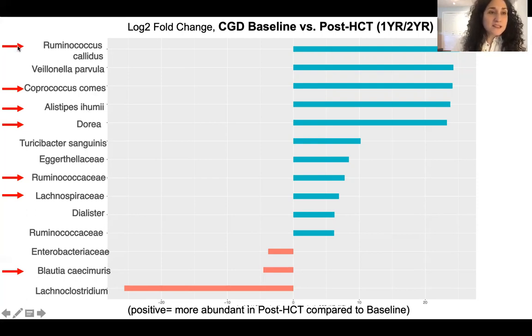And these taxa that I'm pointing out with the red arrows are those which we know from our previous work were really poor and underrepresented in CGD samples at baseline, and even more underrepresented in patients with CGD and IBD. So clearly the transplant altered the microbial composition and enriched taxa that have been typically associated with intestinal health.